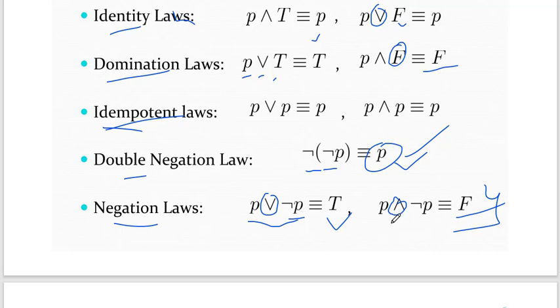AND is only possible if both are true, but P and negation P cannot both be true at the same time. So if one is true, then the negation is false, so with the AND condition the overall statement will become false. So this is called the negation law.